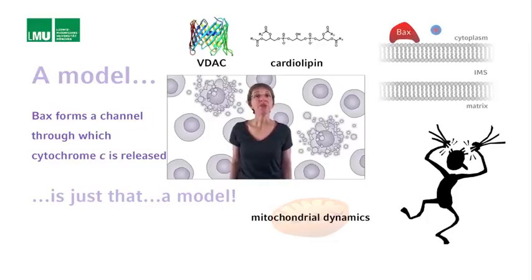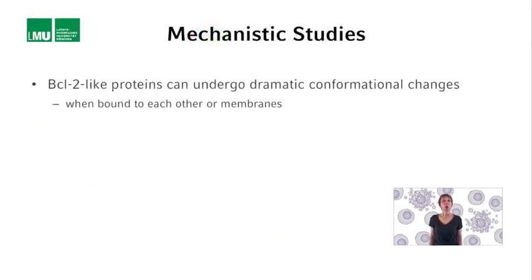Why has it been so challenging to determine how cytochrome C is released, or what the mechanism of action of BAX and of BCL2-like proteins in general is? One reason clearly is the fact that upon association with membranes or other members of the BCL2 superfamily, BCL2-like proteins dramatically change their conformation.